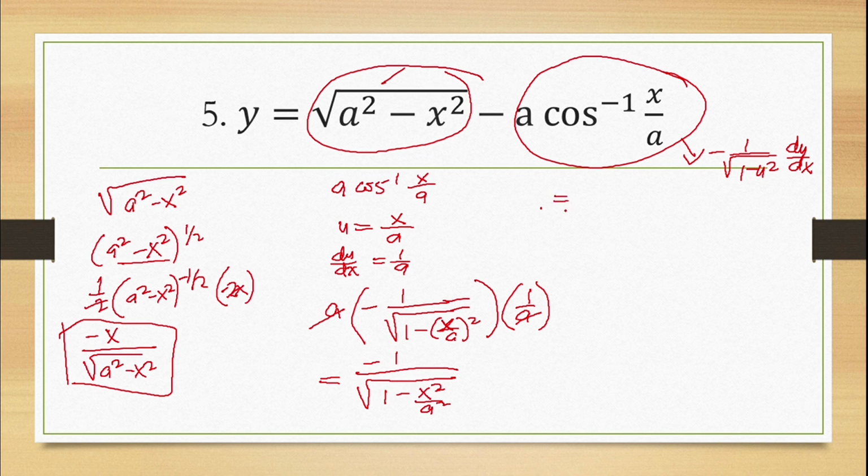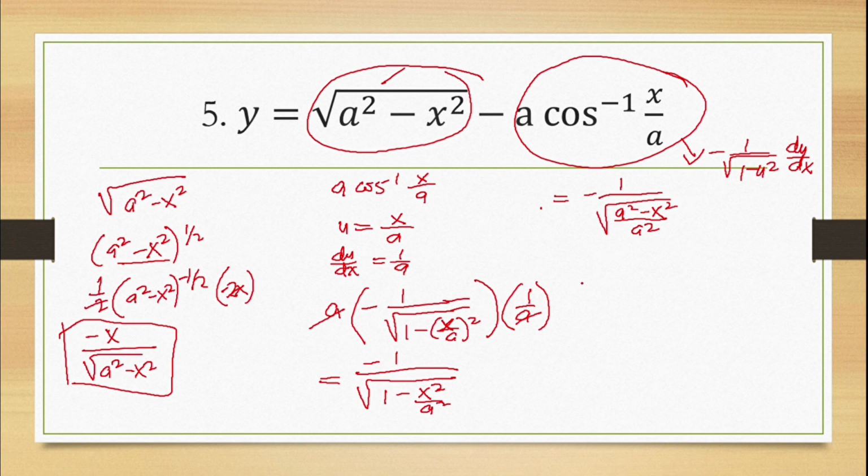So that would be equal to negative 1 over the square root of a squared minus x squared, because a squared divided by 1 squared is a squared, and a squared minus x squared.